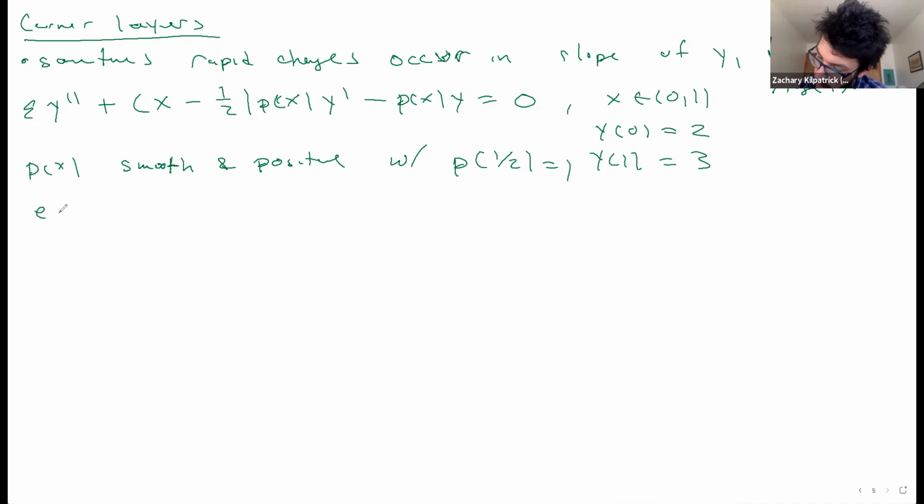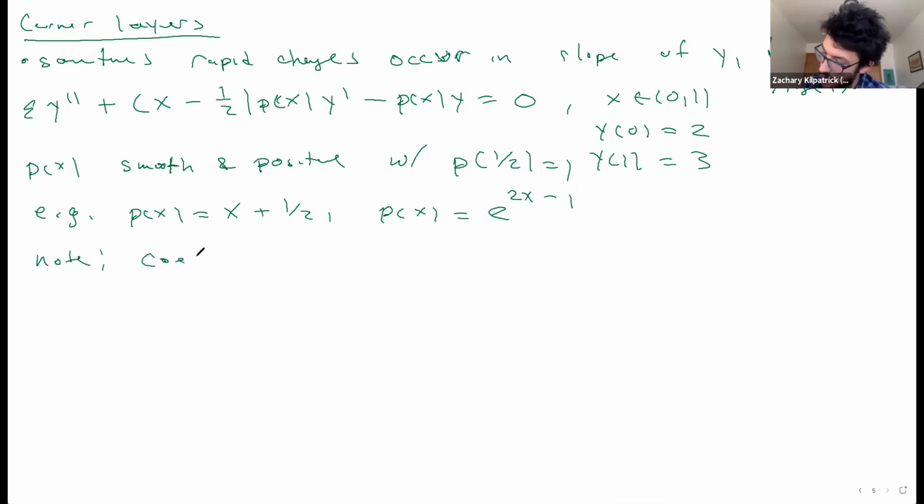Okay. So for example, P of X is equal to X plus a half, or P of X is equal to E to the 2X minus 1. Okay. And we'll note that in this case, the coefficient of y prime equals 0 right at x equals a half. All right.